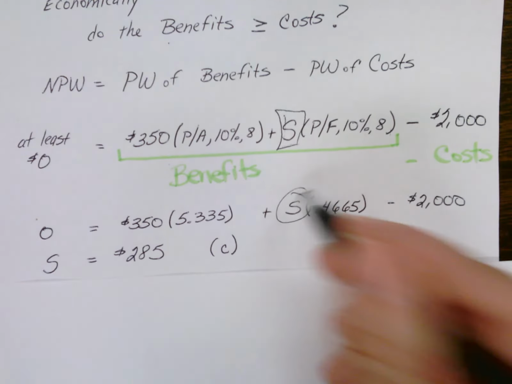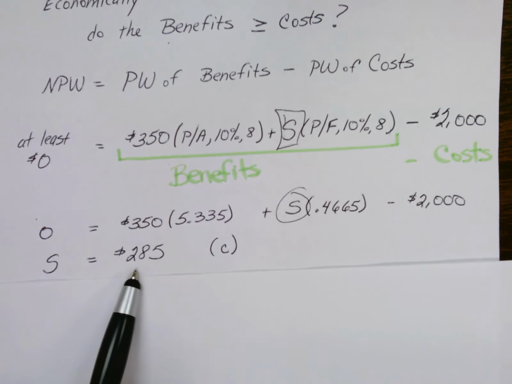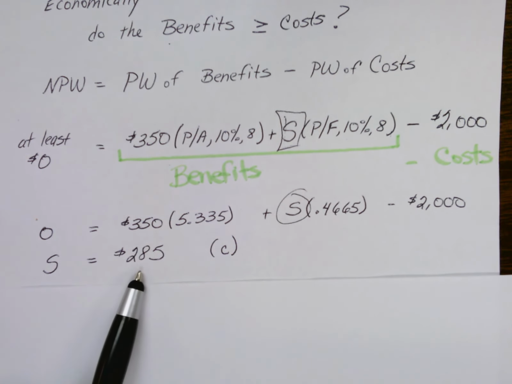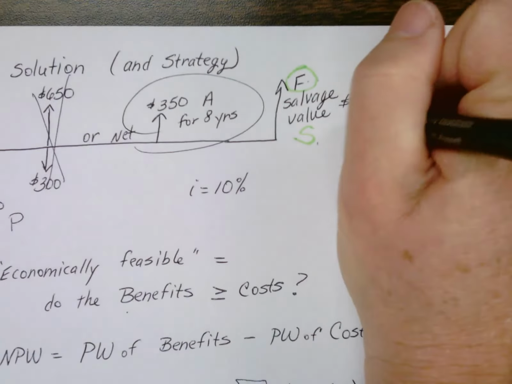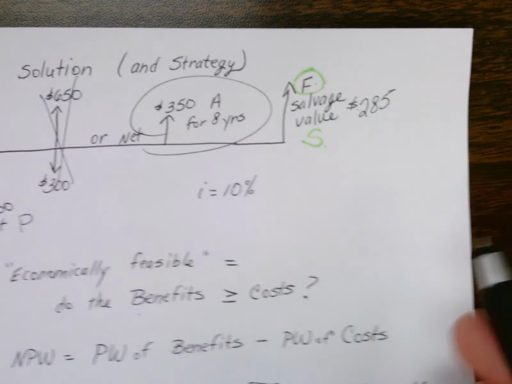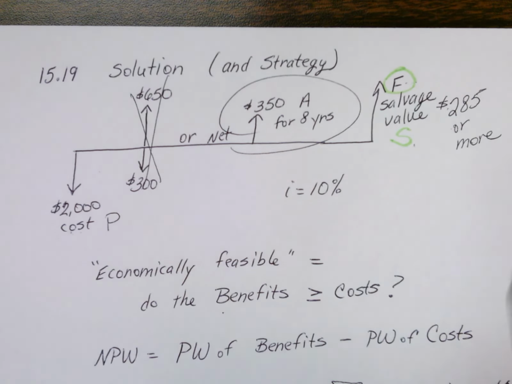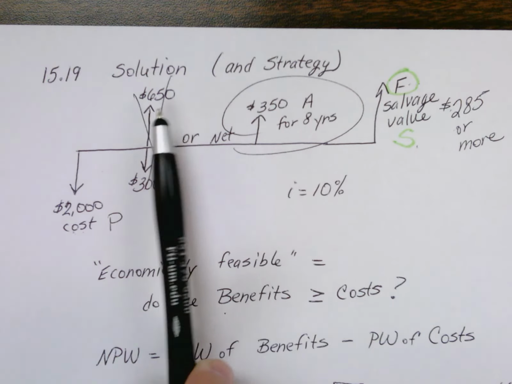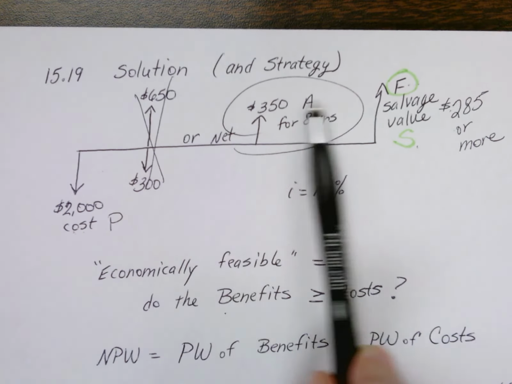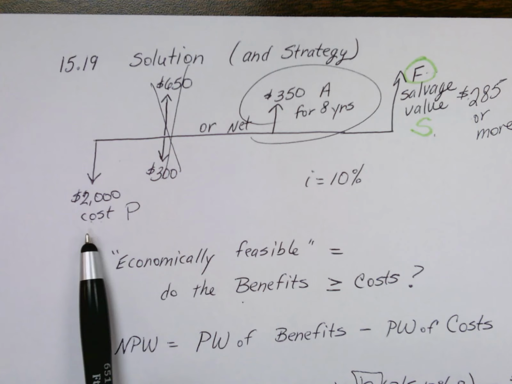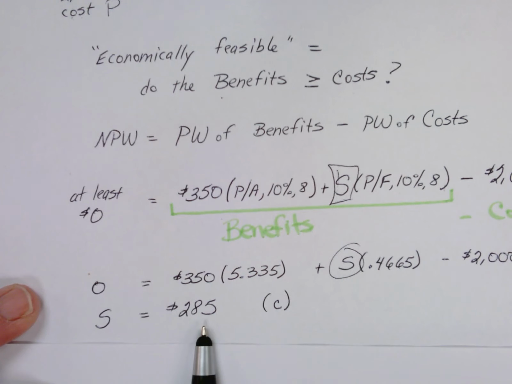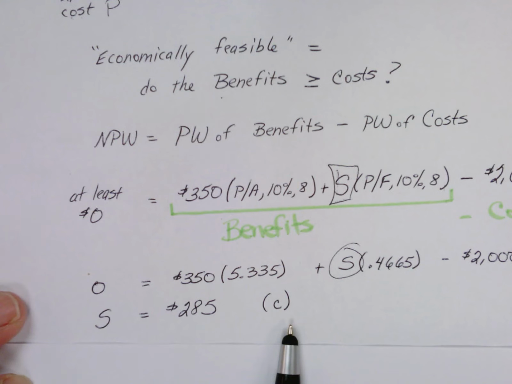We're just solving for S. Algebraically, works out to $285 is the minimum future selling price of that asset, such that if we sell this asset out in 8 years' time, if we sell it for $285 or more, then the economic benefit realized from these cash flows in, the benefits will be greater than the initial cost. So that's our minimum required selling price. Answer choice C. And that's the strategy for solving 15.19.